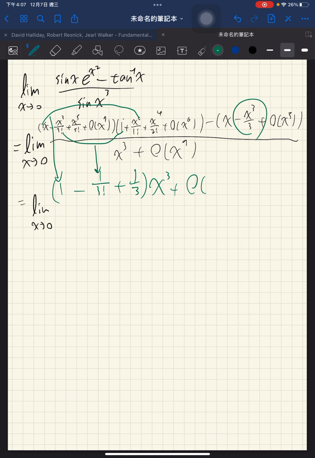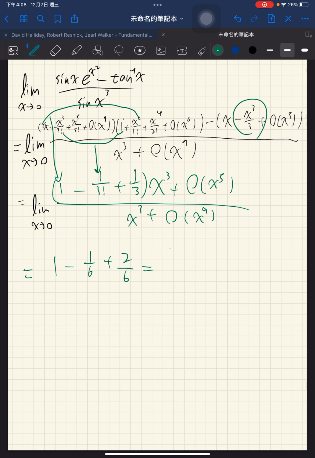So okay, x to the fifth power is a remainder, and we will get the bottom keeping as x to the third power, and the answer is obvious, just 1 minus 1/6 plus 2/6 is equal to 7/6.